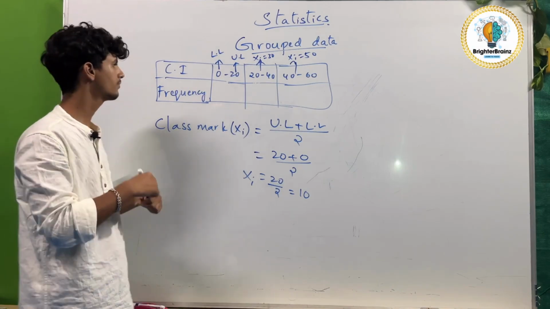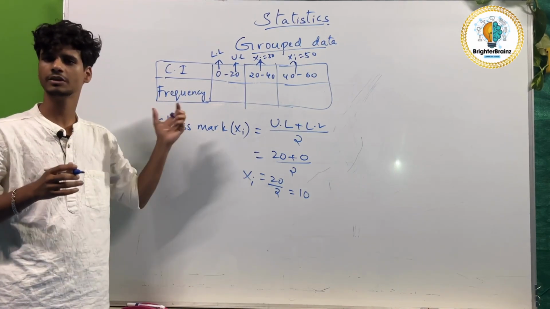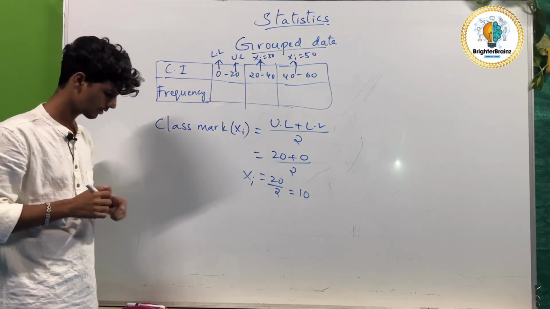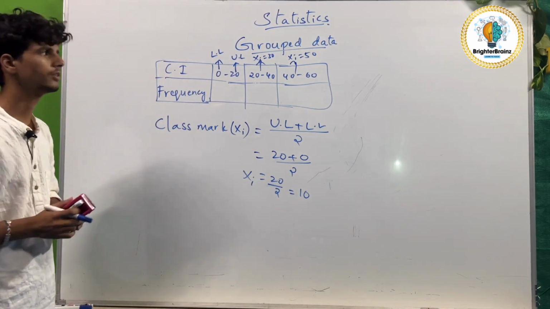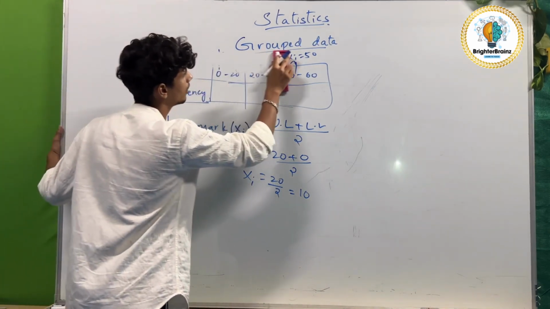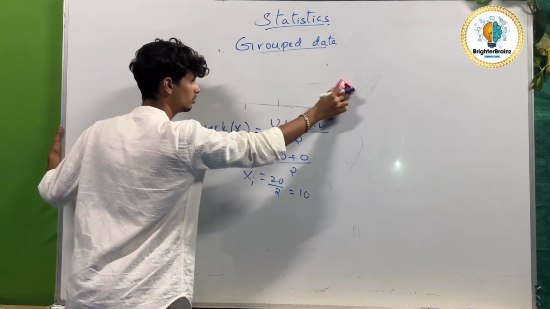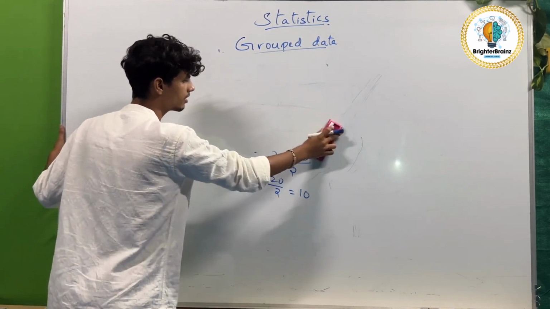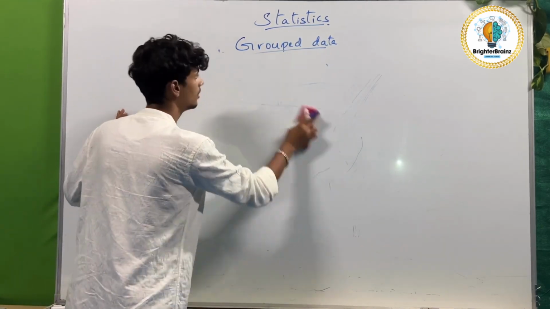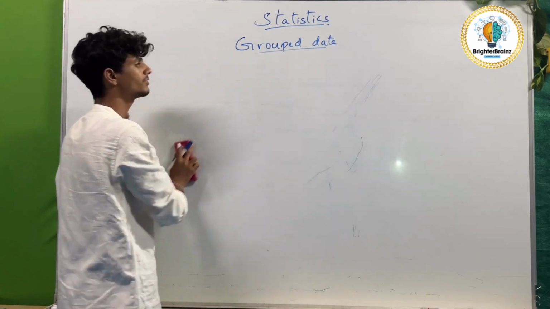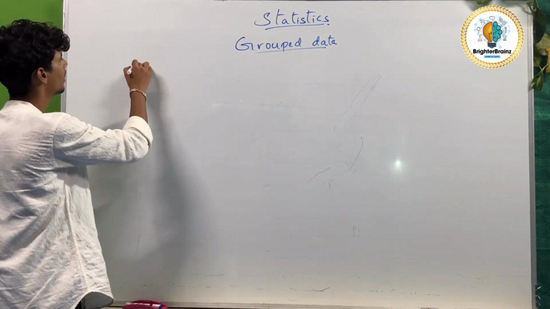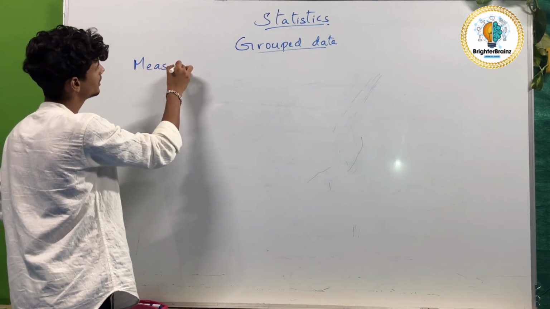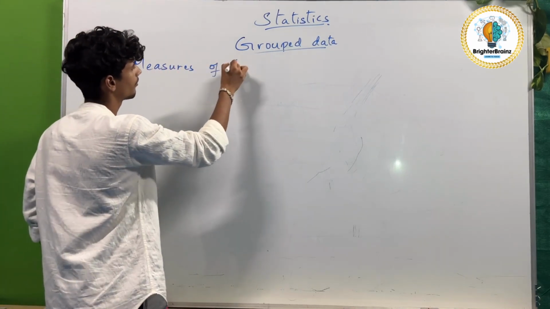Next, the frequencies will be given in random order. So this is the structure of grouped data. Now let us go to the actual concept, that is measures of central tendency.